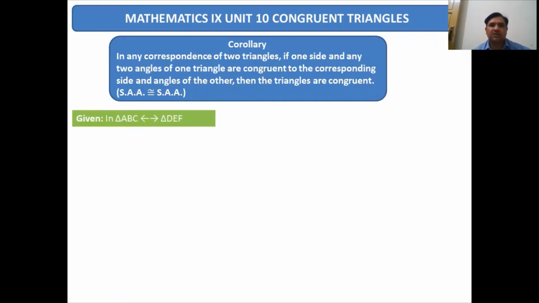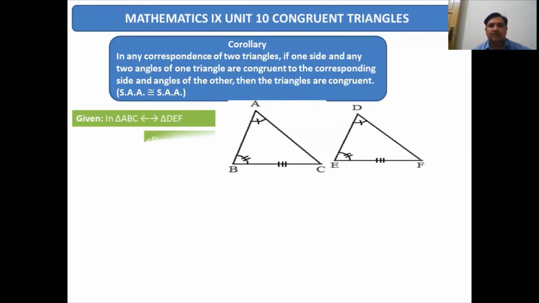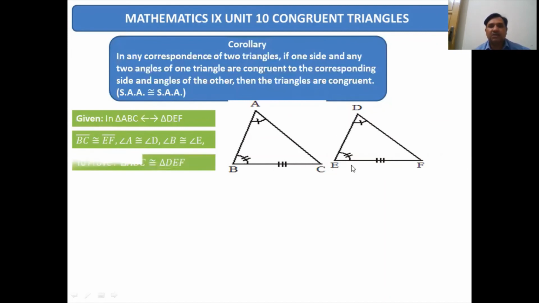First, what is given: in correspondence between triangle ABC and DEF, side BC is congruent with side EF, angle A is congruent with angle D, and angle B is congruent with angle E. We have to prove that triangle ABC is congruent with triangle DEF.